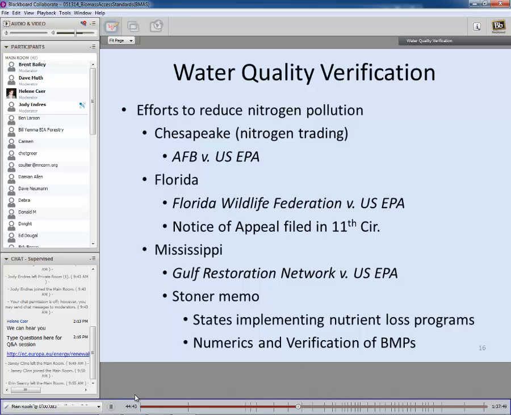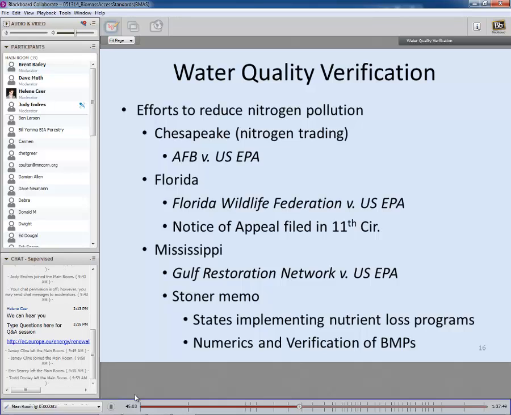But ultimately, whether it's US EPA or states, there is a trend towards setting numeric thresholds for nutrients in water bodies and being able to not only say we're implementing BMPs, best management practices in these watersheds, but verifying not only that they're in place, but verifying what sort of numeric outcome you are getting from those BMPs.